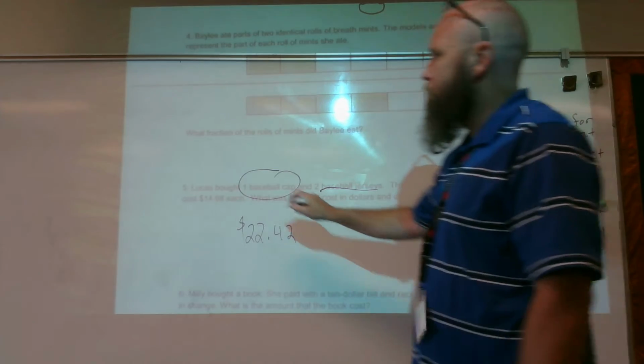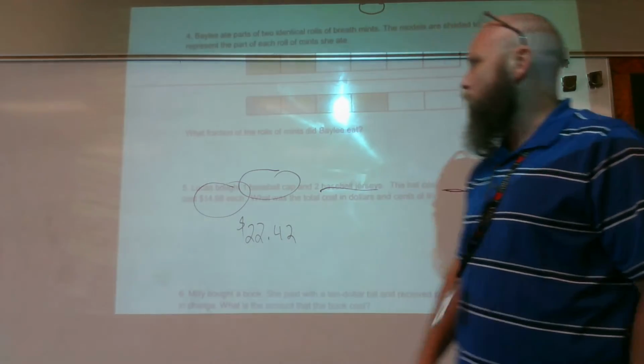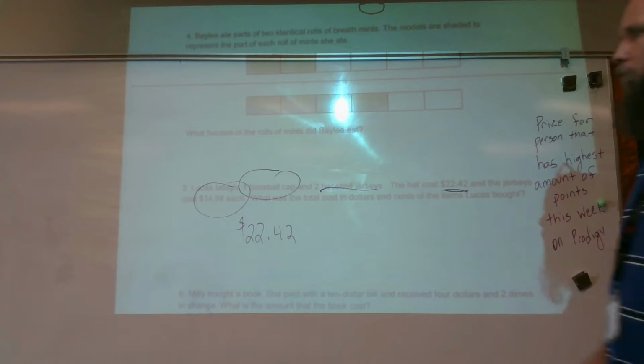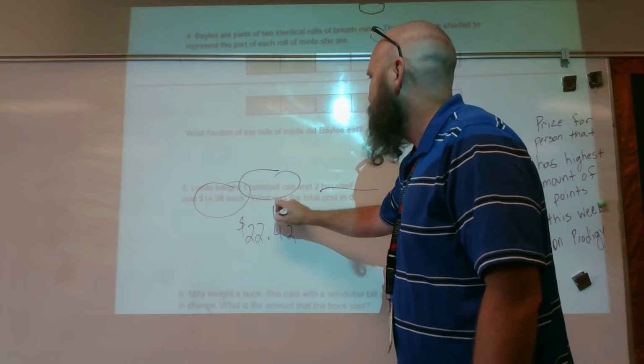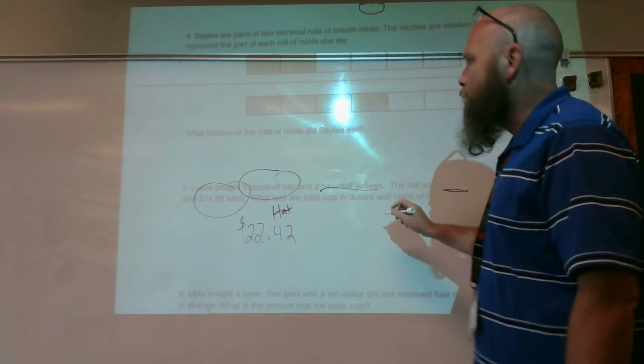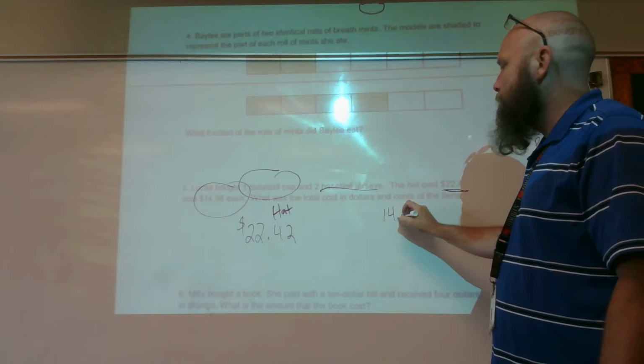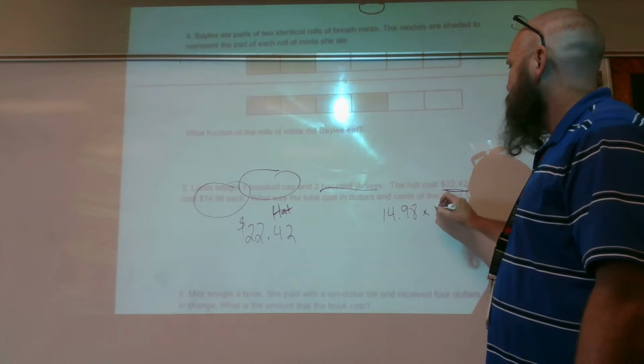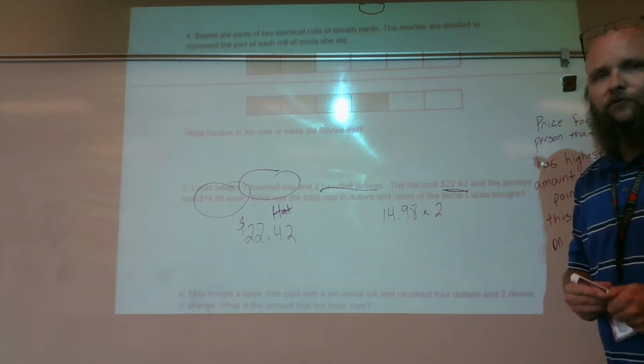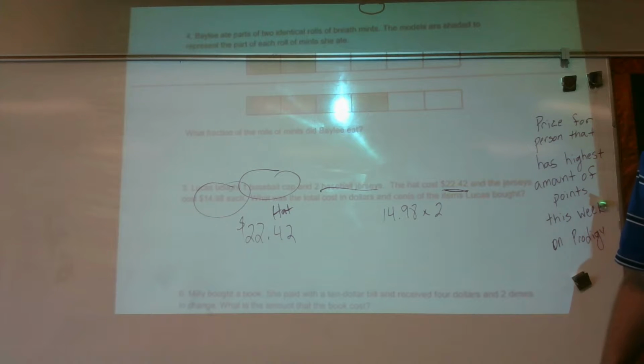The jerseys cost $14.98 each. So that's the price of the hat. To figure out the price of the jerseys, I'm going to have to multiply $14.98 times 2. Some of you didn't read the word each, knowing that each one of them cost that much.